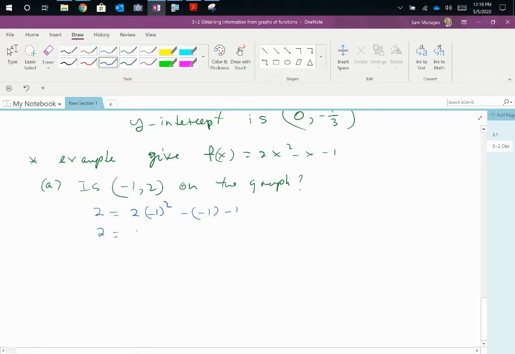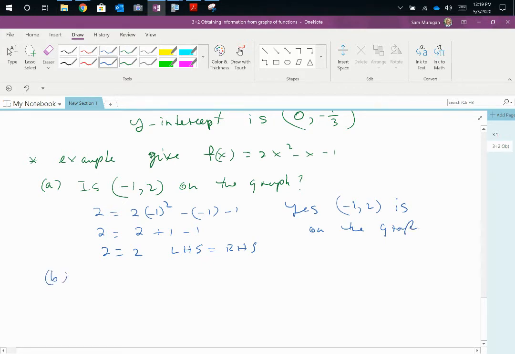So if we square -1, we get +1, plus 1 minus 1. So 2 is equal to 2. So left-hand side equals the right-hand side. So yes, -1 and 2 is on the graph.